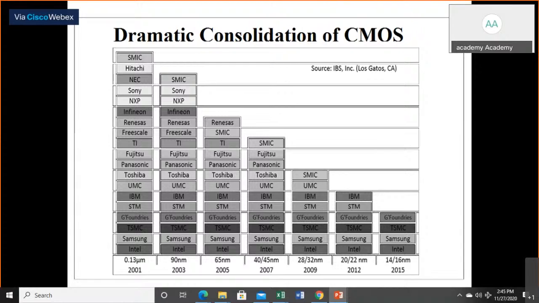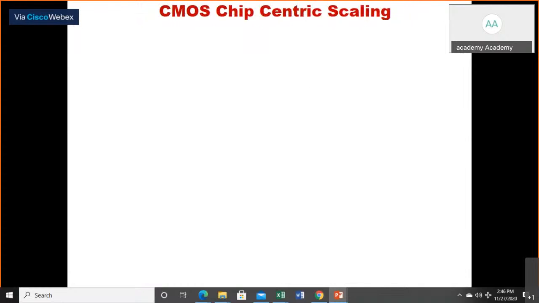These are the major key players in the semiconductor industry. Most of the hardware designed on 14 nanometer and 16 nanometer technology came from these companies. That's why there are a lot of challenges in scaling of the transistors, and they are facing a lot of difficulties, right?